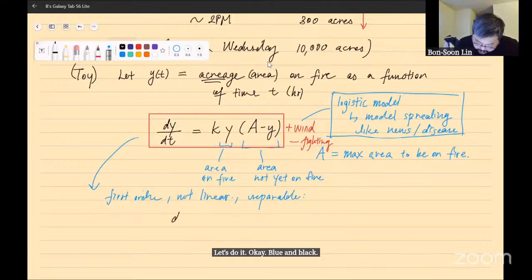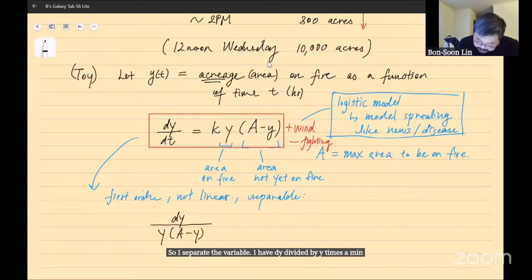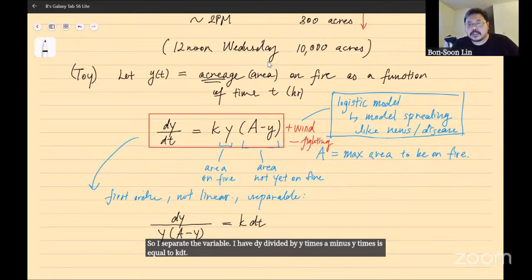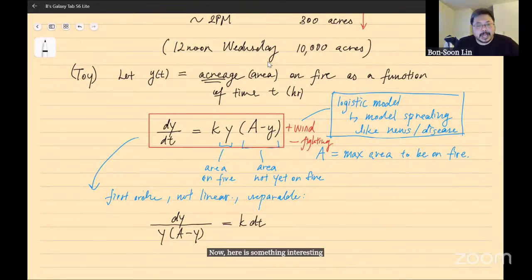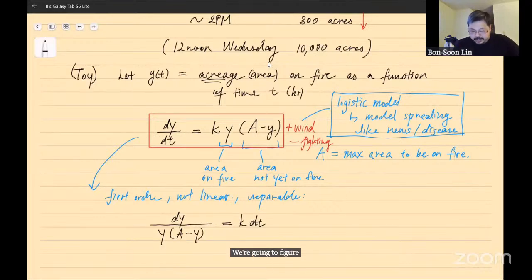So I separate the variables. I have dy divided by y times (A minus y) is equal to k dt. Now, here something interesting already happens. We don't know what A is. We don't know what k is. We're going to figure that out later, okay? Let's just solve for this form.